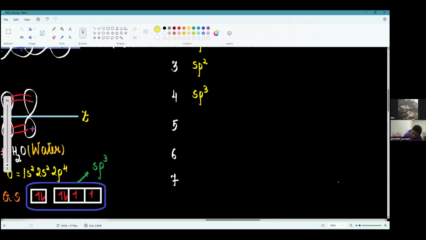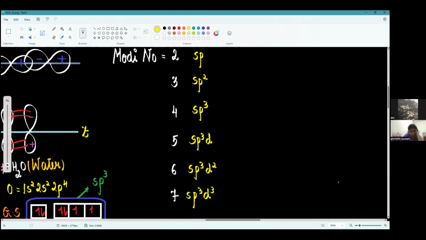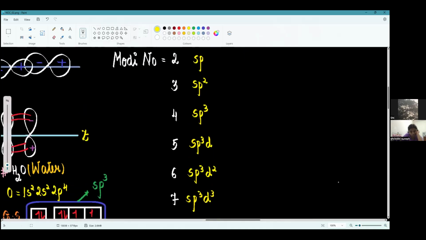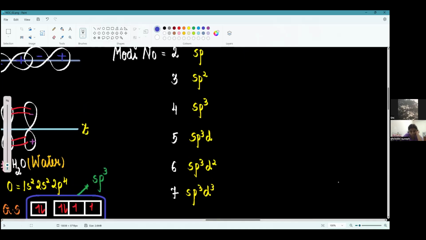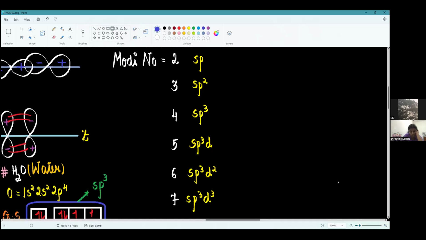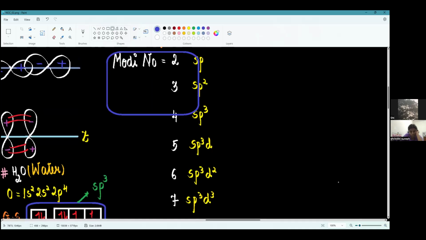If it is 5, then it is sp3d. If it is 6, it is sp3d2. If it is 7, then it is sp3d3. You need to just remember this shortcut: if the Modi number is 2, its hybridization will be sp. How you will find the Modi number, that I will teach you just now.